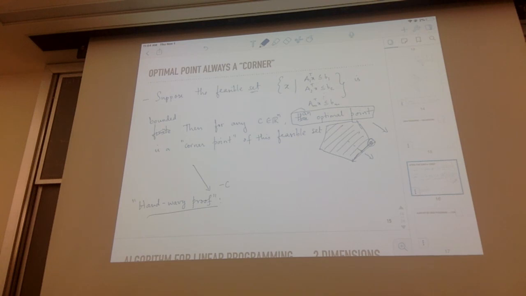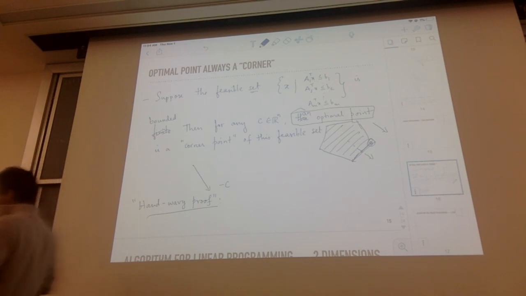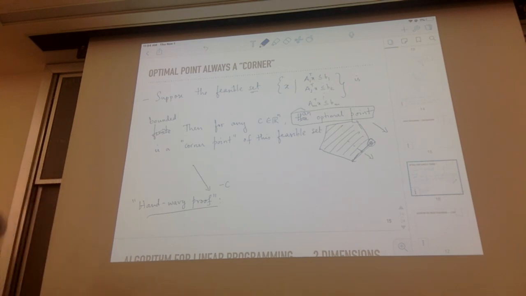The intuition is much nicer than the proof itself. So we want the furthest point in this feasible region along the direction minus C. And how do you find such a furthest point?